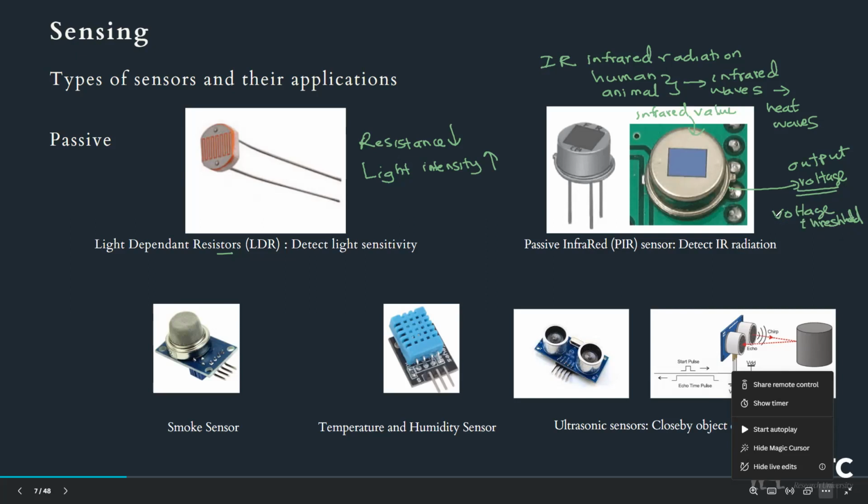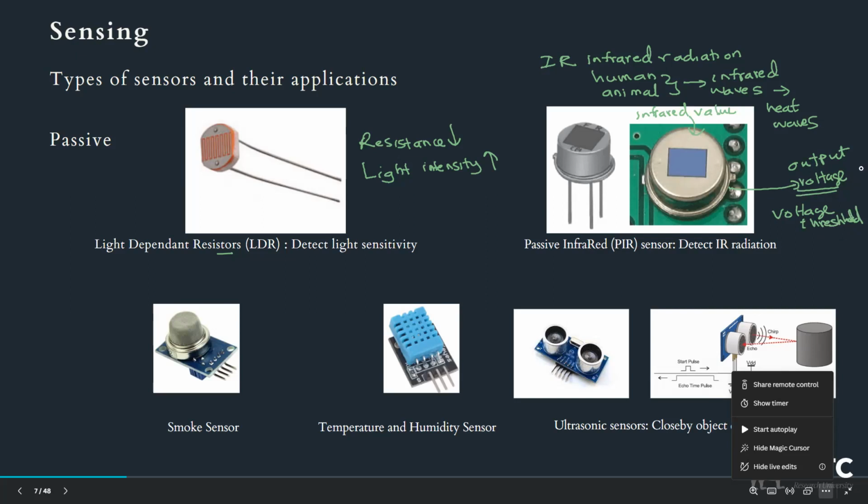So, for example, if the output voltage is above a certain voltage threshold, then we can determine that a certain human or certain animal is there around in that nearby environment.